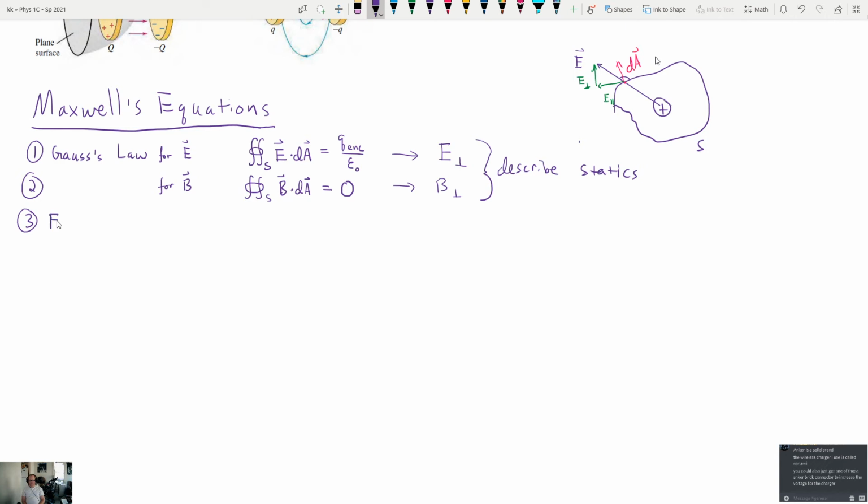So Faraday's law, we'll write down first. Faraday's law tells us what happens when we do this equation.